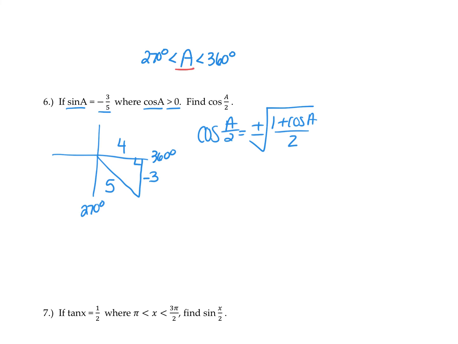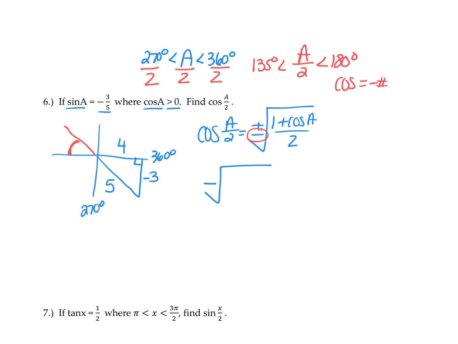Now, the half angle would then fall between 180 and 135. If I'm trying to find the cosine half angle, 180 and 135 would fall right here. Cosine is a negative number in that spot. So we're going to use the negative symbol in this case.